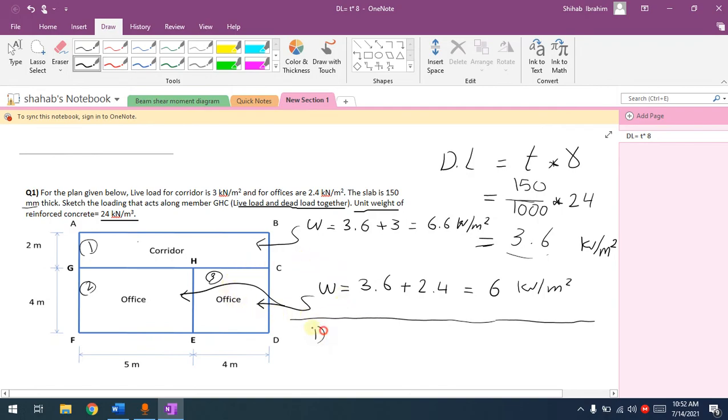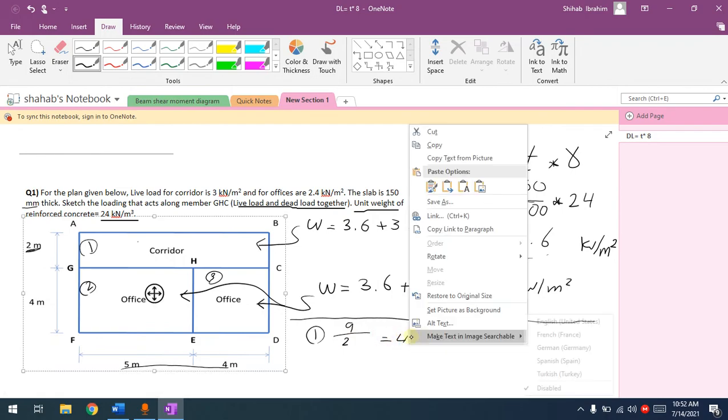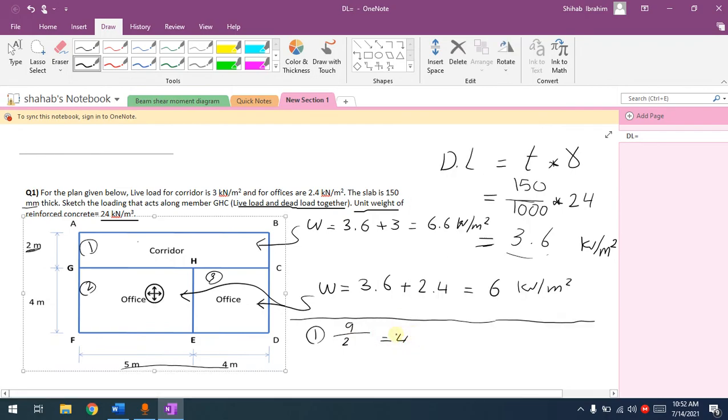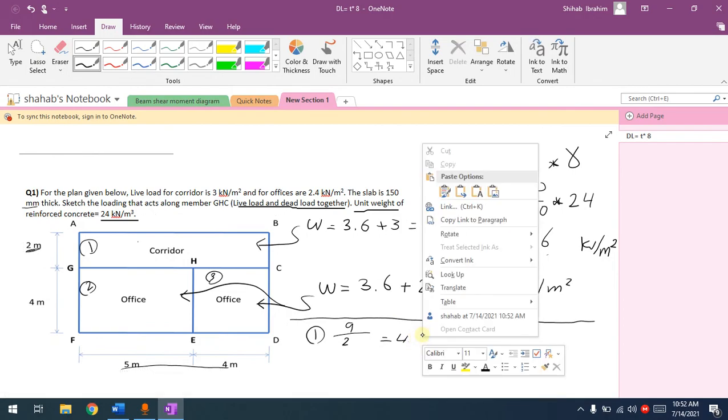First slab, if I take into consideration, this dimension is 2 meters, the other dimension of the corridor is 9 meters. If you remember, we said the long side over the short side. So the long side is 9 over 2, which is 4.5.